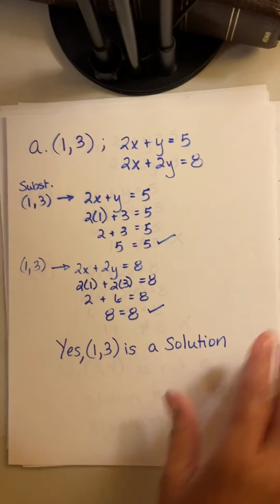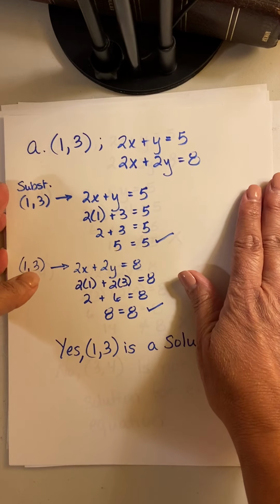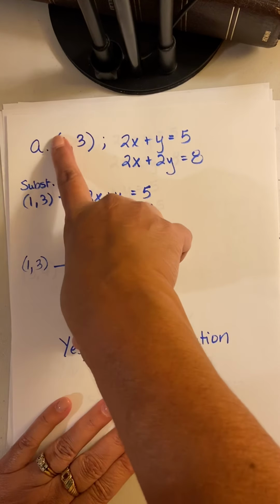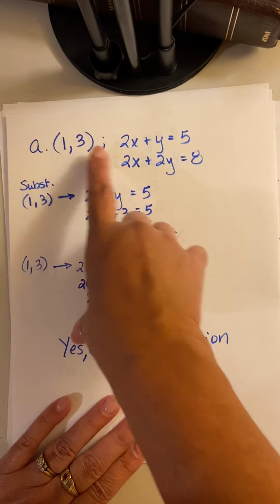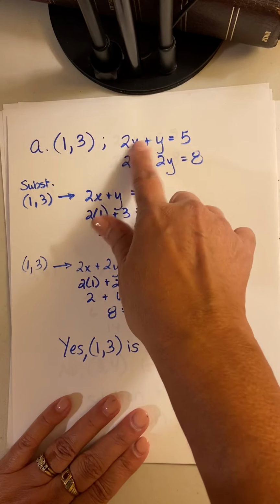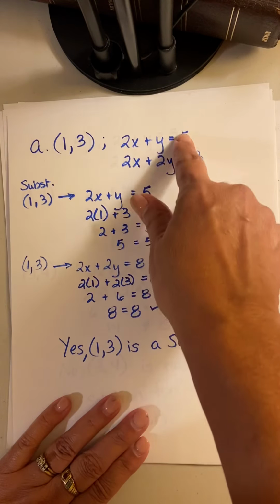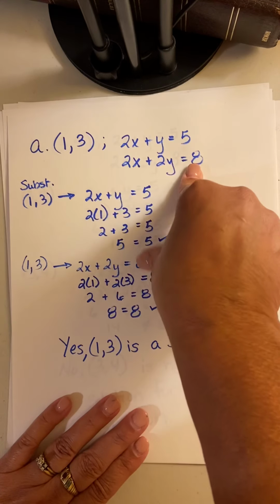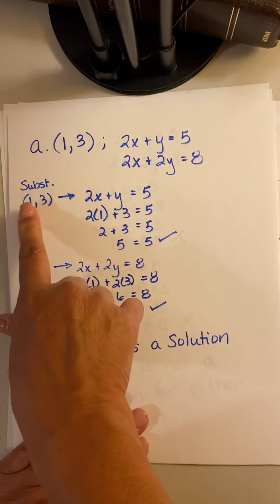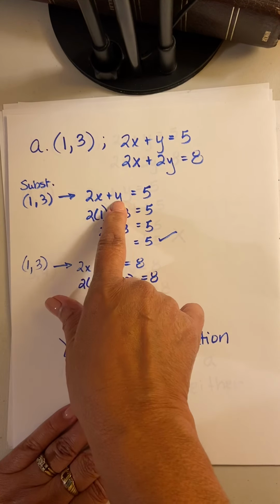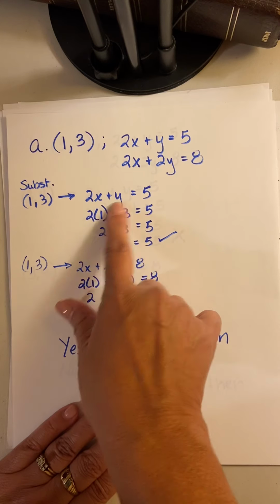All right, with A, here's the original problem. Always write your original problem. I got 1, 3 as the solution. We're to determine, is this a solution to this system of linear equations, because a system means there's more than one equation, and they're related to each other. In this case, we're just going to substitute 1, 3 into 2x plus y equals 5.